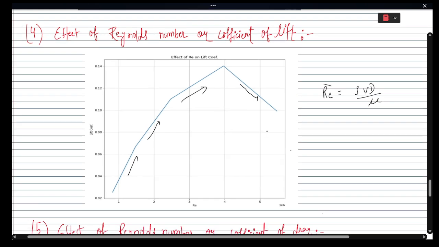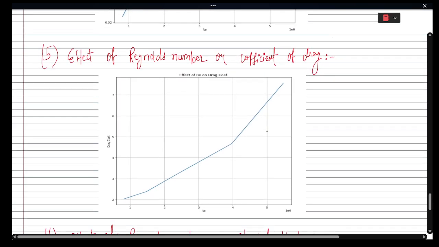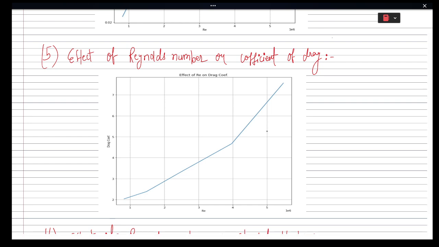Okay, so next we are discussing the effect of Reynolds number on the coefficient of drag. So what is drag? Drag is the resistance an object feels when fluid flows over it. How does Reynolds number affect the drag? As Re increases, the drag force also increases.